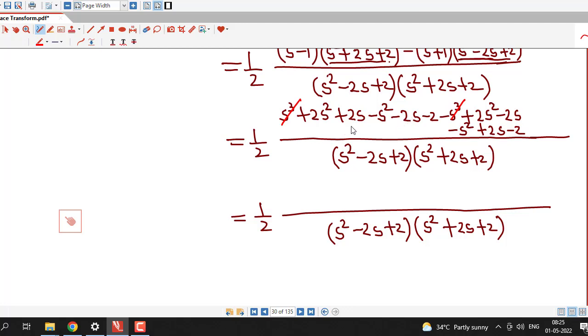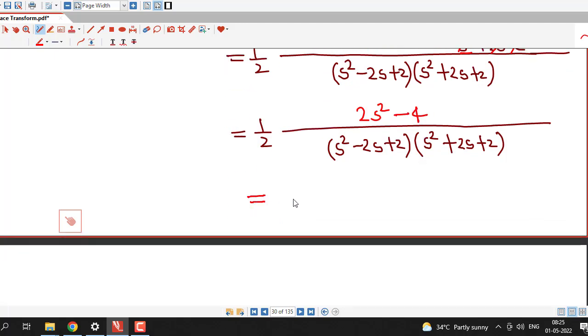Then we have minus s square, that is minus 2s square, that will cancel out with this 2s. Minus 2s will cancel each other. Similarly 2s minus 2s will cancel each other, and we are left with this 2s square. So this we have written, and minus 2 minus 2, that is going to be minus 4.